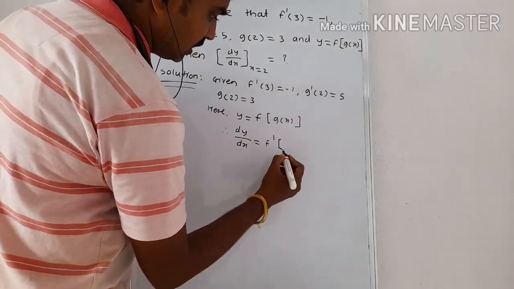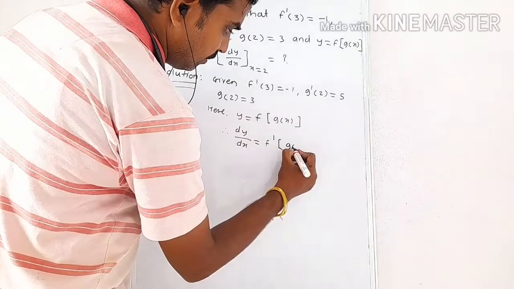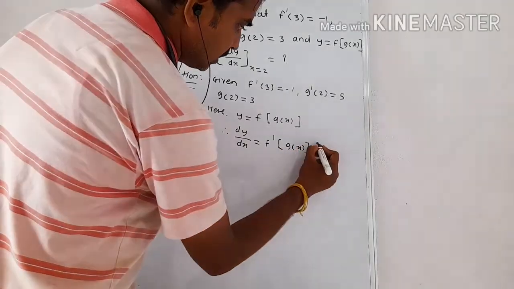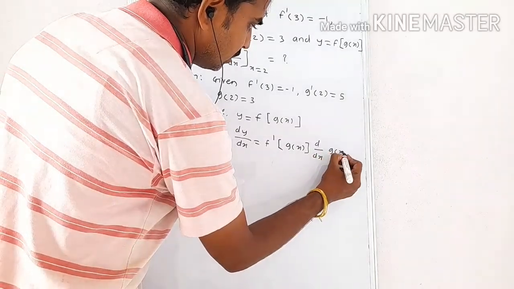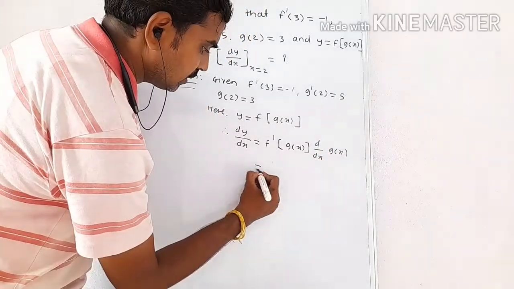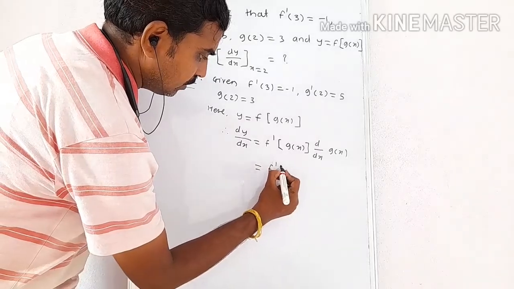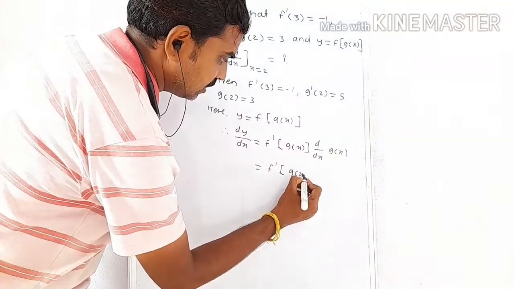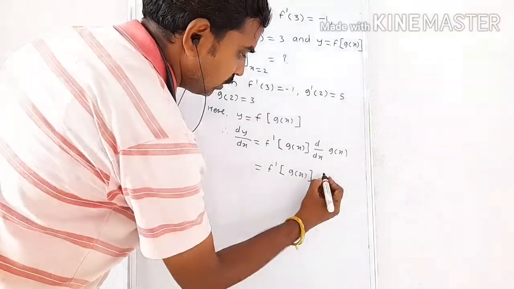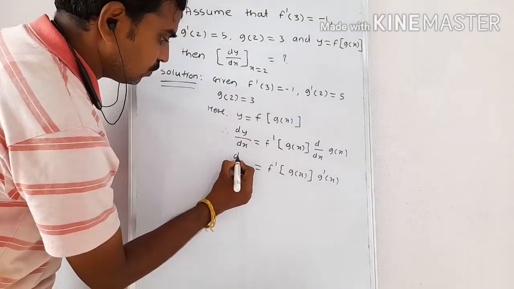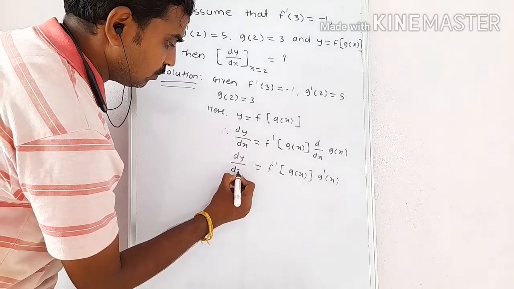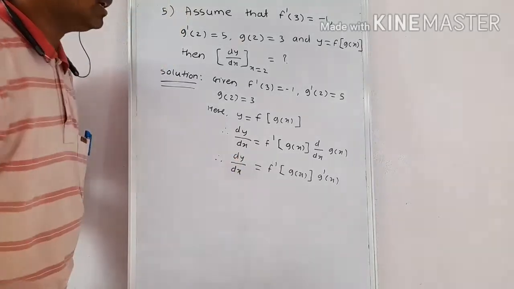The derivative of f is f dash. Therefore, we get f dash of g of x into d by dx of g of x. We have to use the formula for a composite function. Therefore, we get f dash of g of x as it is, as the first term. The derivative of g of x is g dash of x. This is the formula for dy by dx.